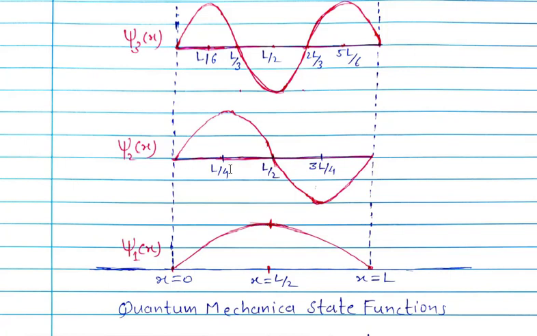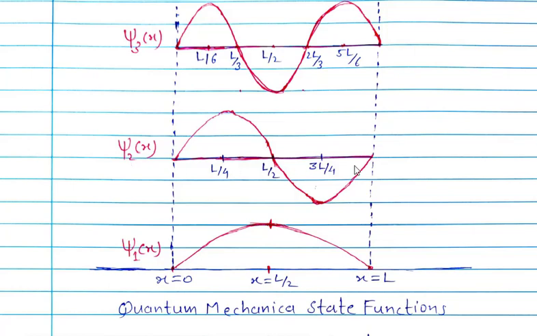But for x as L by 4 and 3L by 4, the value of sine of 2 pi x by L comes out to be plus 1 for x as L by 4, and minus 1 for x as 3L by 4. And the corresponding wave function can be represented like this.